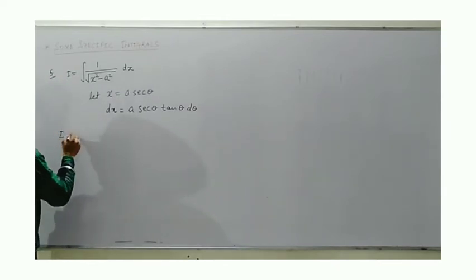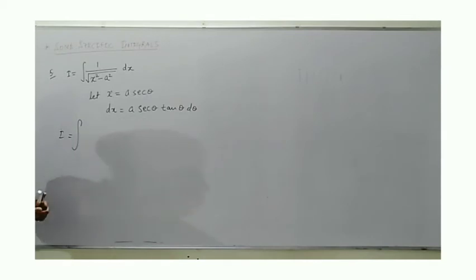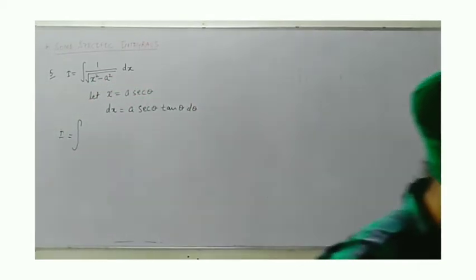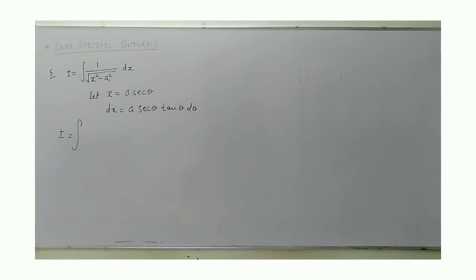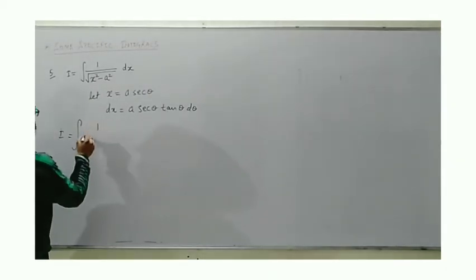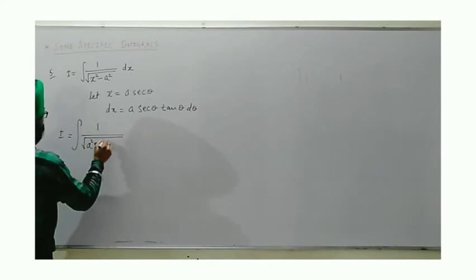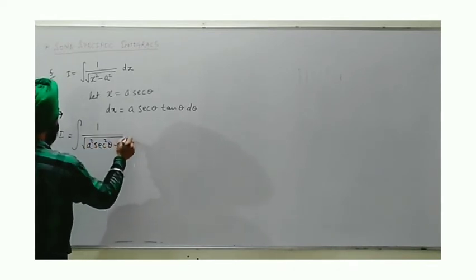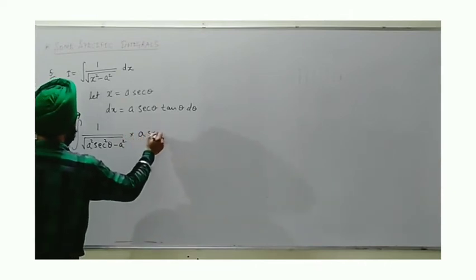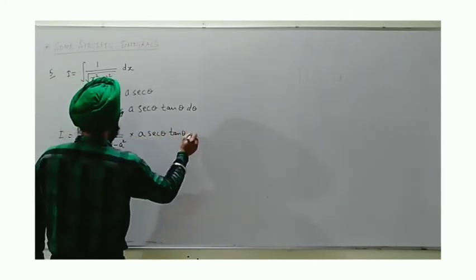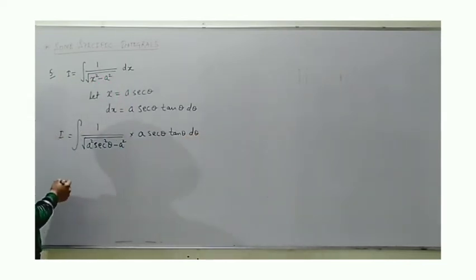Now, writing the integral, we can say 1 upon root a square sec square theta minus a square into a sec theta tan theta d theta in place of dx.